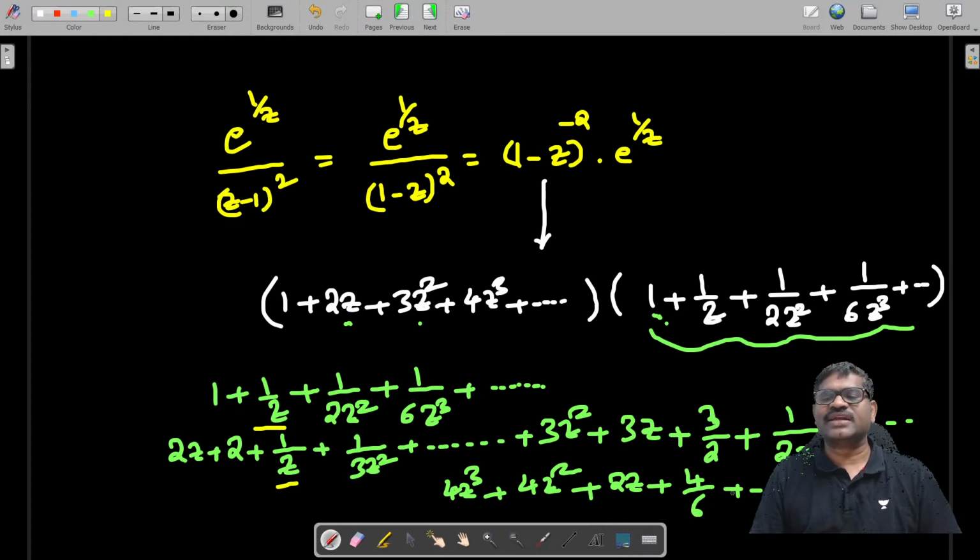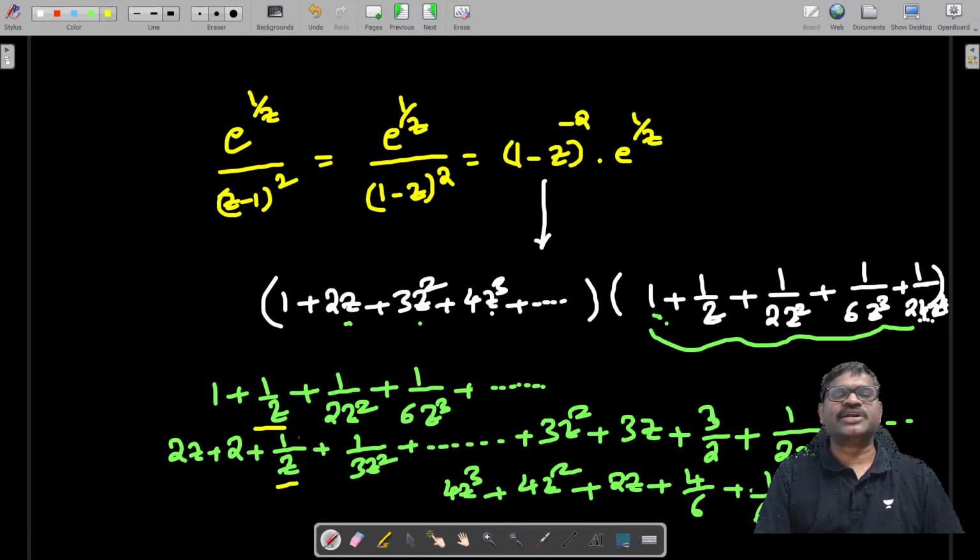Next, 4z cube multiplied with the next term 1 by 24z power 4 gives 4 by 24, that is 1 by 6z, and so on.